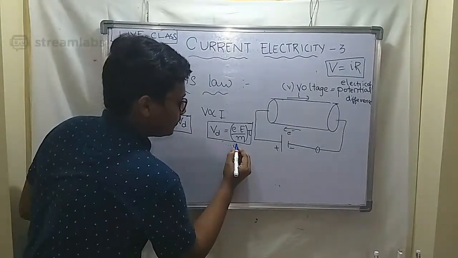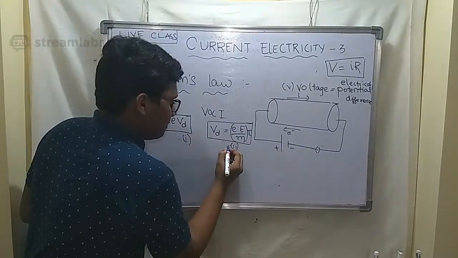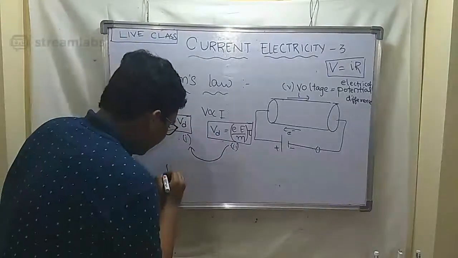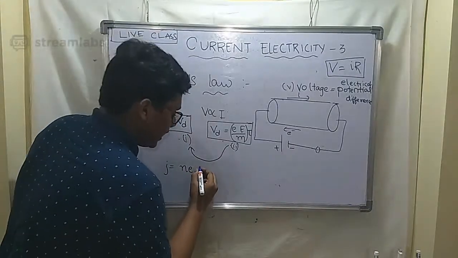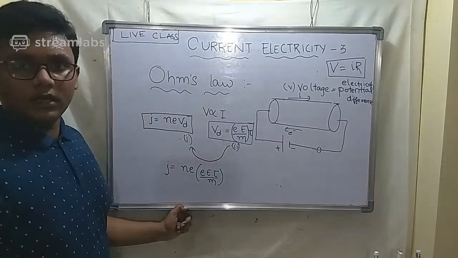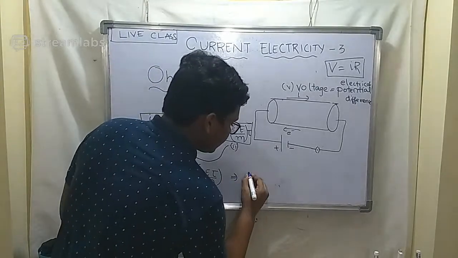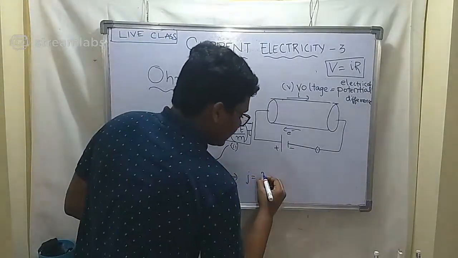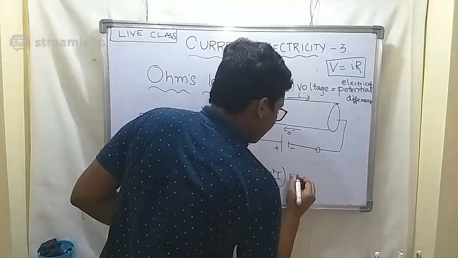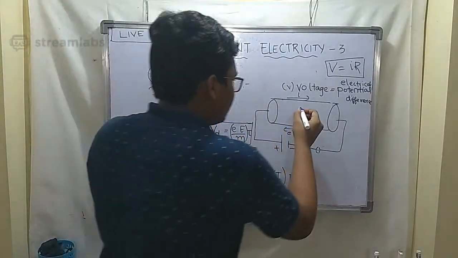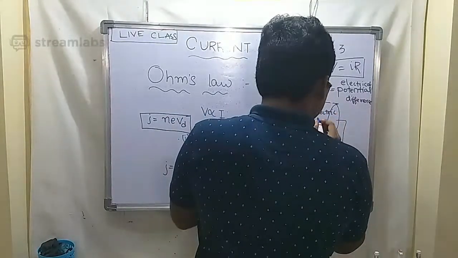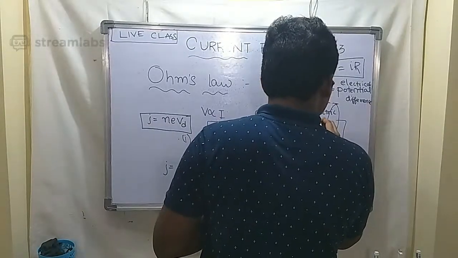This is equation 2 and this is equation 1. Substituting equation 2 in equation 1, J is equal to Ne into E tau by m, which gives J is equal to Ne square tau by m into E. I wrote E outside, the electric field, in the direction from the positive terminal to the negative terminal.